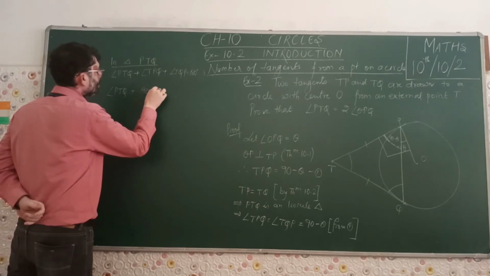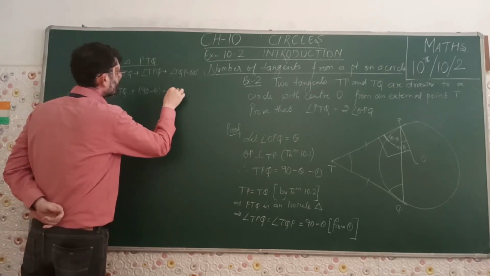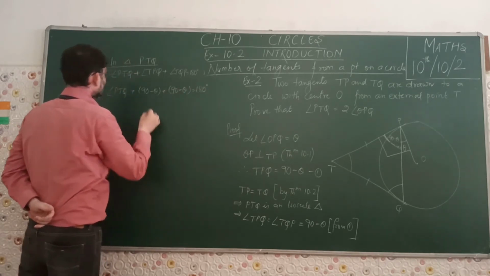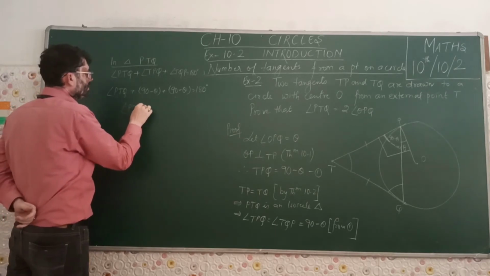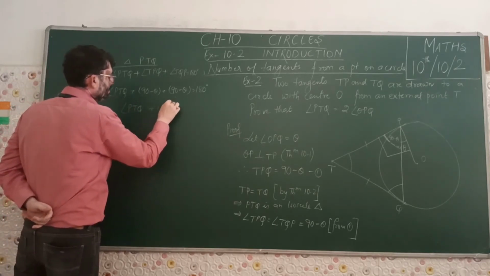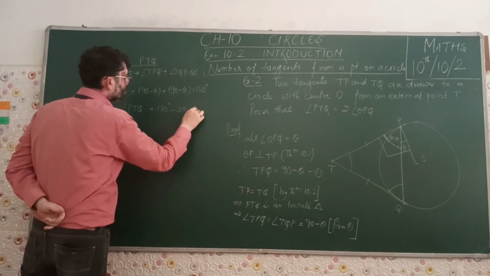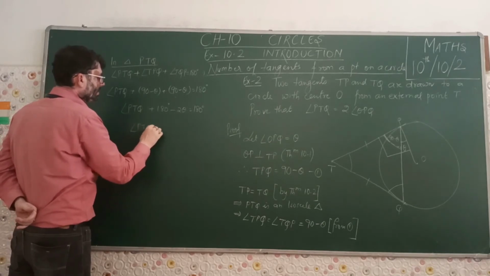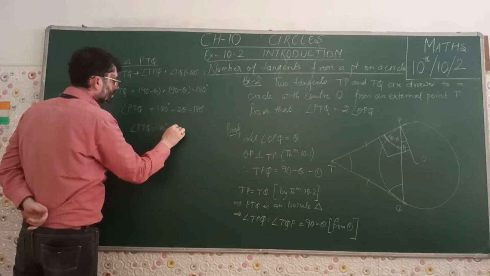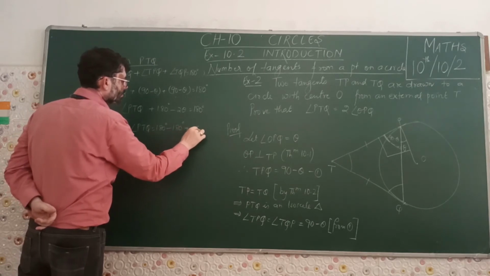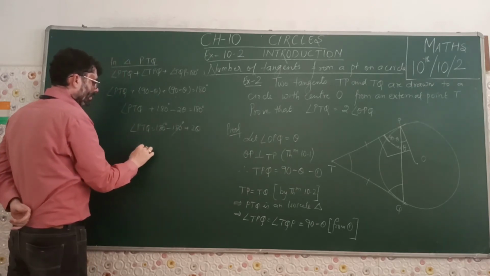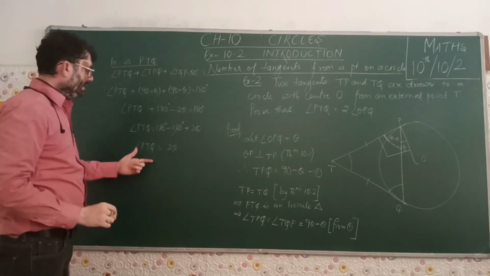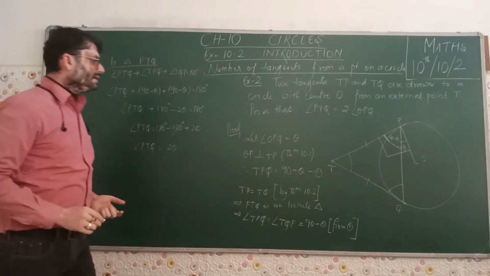PTQ plus 90 minus theta plus this is also 90 minus theta, and this total is equal to 180 degrees. Simplifying, angle PTQ plus 180 degrees minus 2 theta is 180 degrees. If you take this side, angle PTQ is 180 degrees minus 180 degrees plus 2 theta, and this cancels. Therefore, angle PTQ is equal to 2 theta, and we had taken angle OPQ as theta.